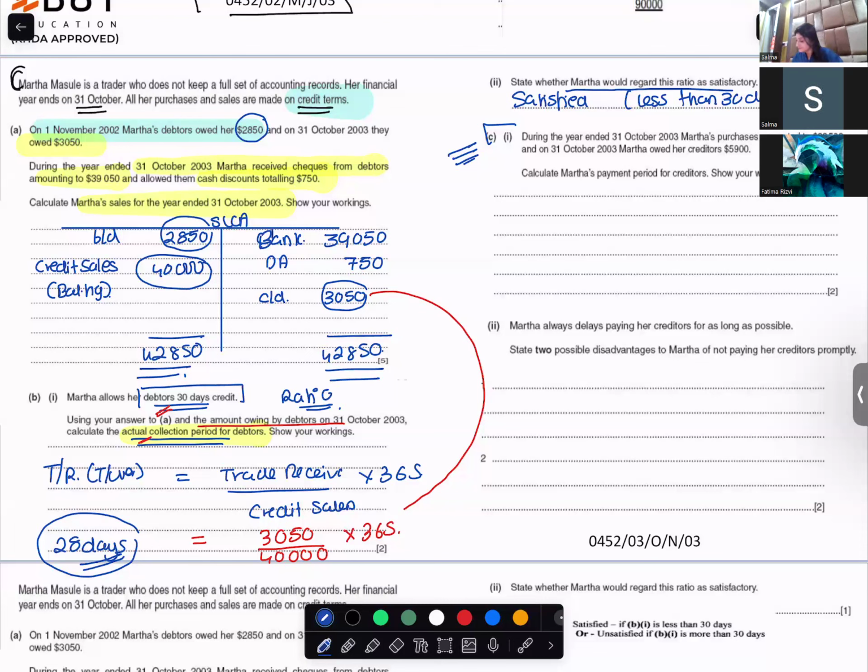Martha's payment period for creditors. That means what are they asking you to calculate? The trade payables turnover ratio.